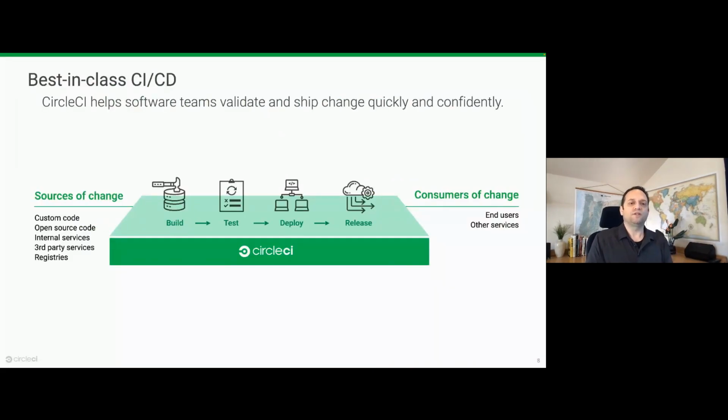And just as a quick refresher of CI/CD, we think we offer the best-in-class continuous integration and continuous deployment platform. A CI/CD process is basically, think of it as a pipeline of things moving, in this diagram, from left to right.